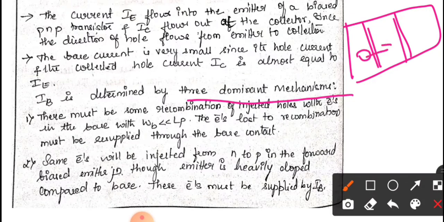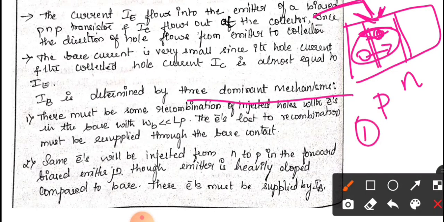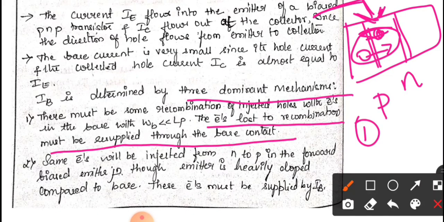Holes will move from P to N and electrons will move from N to P, and due to this recombination takes place. There is a loss of electrons, so those electrons will be supplied from the external circuit. Due to the movement of that charge carrier, one portion of the IB current will happen.